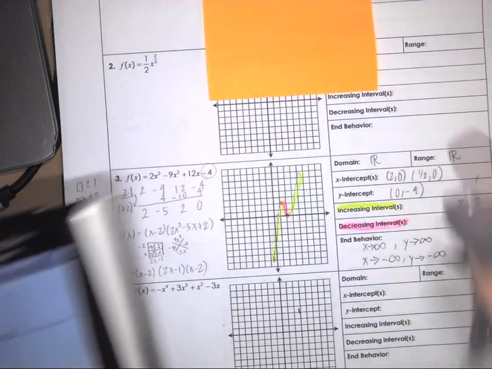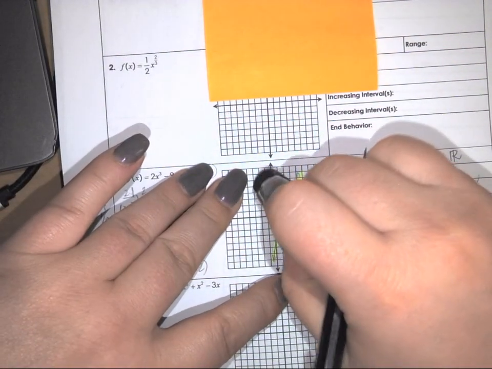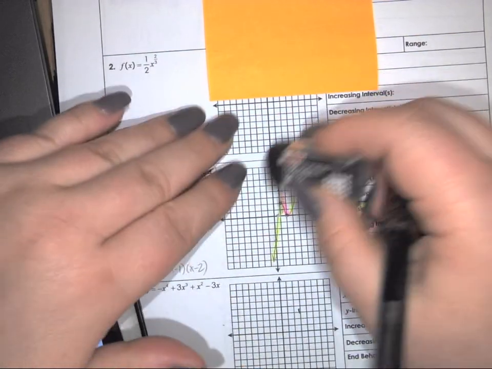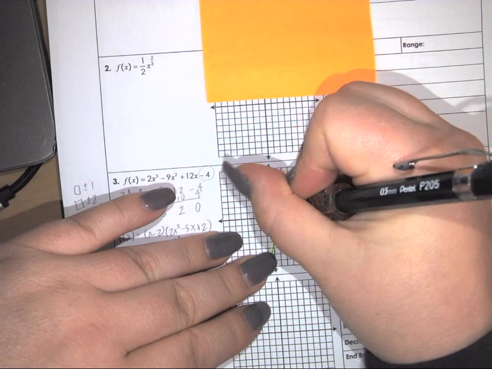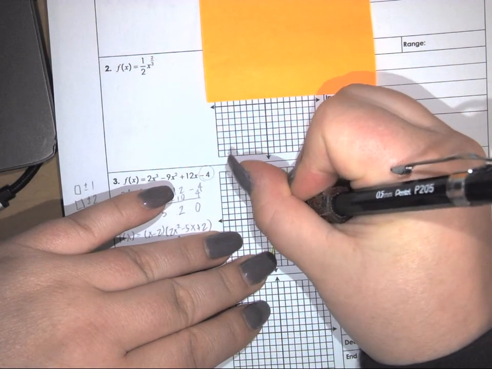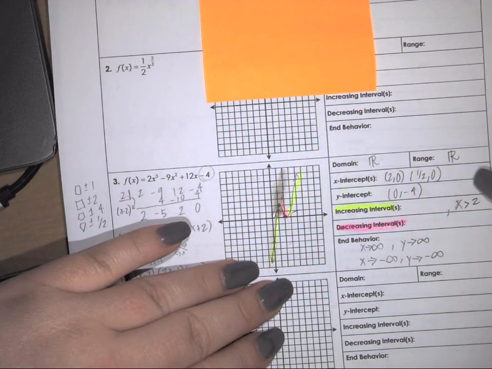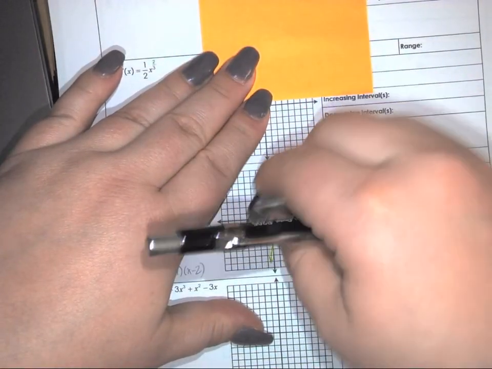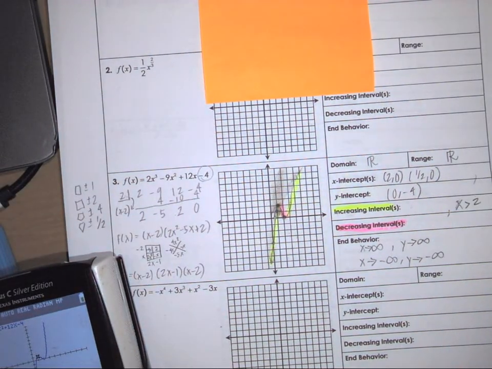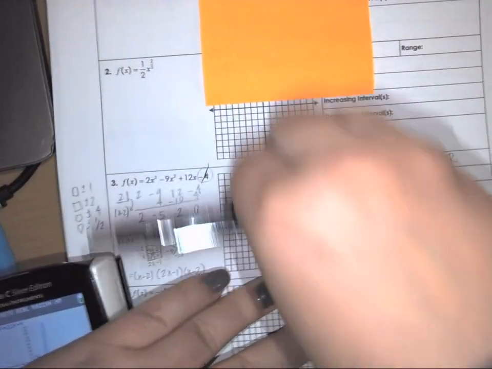So then this point, should adjust my, quite ugly. Okay, anyways. Let's just make it worse.